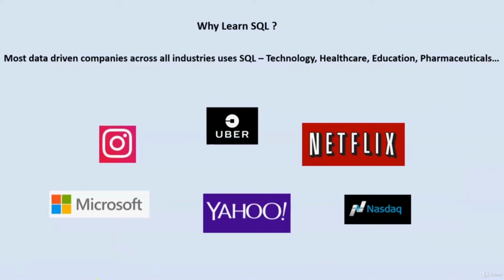Most data-driven companies use SQL in one form or shape, and this is across different sectors or industries. Doesn't matter whether it's a big company or a small company, as long as data is at the center of what they do, a lot of companies use SQL.